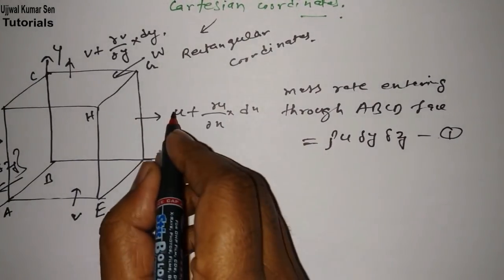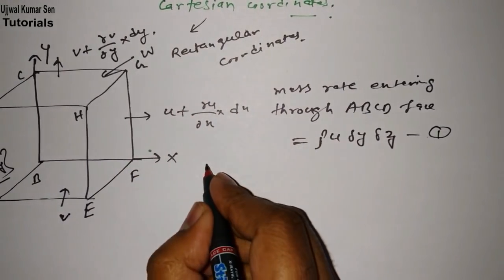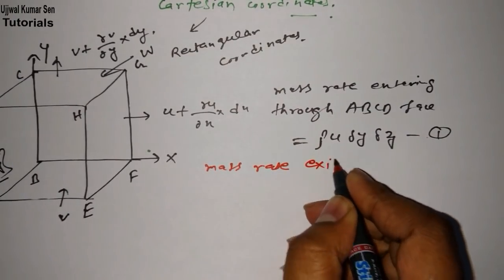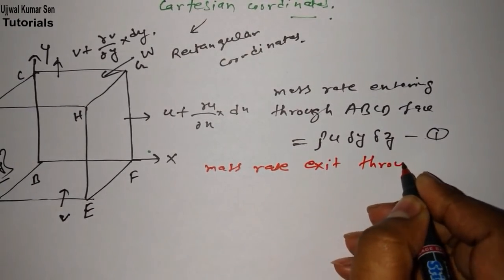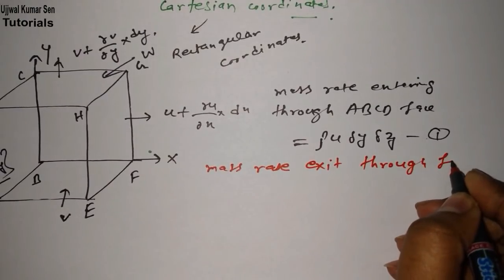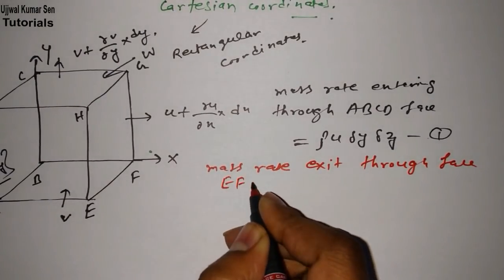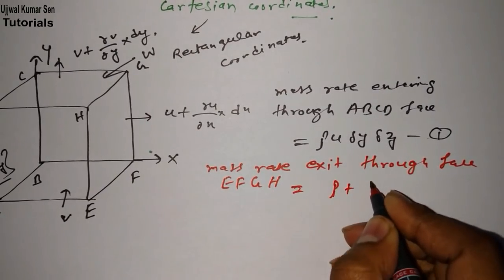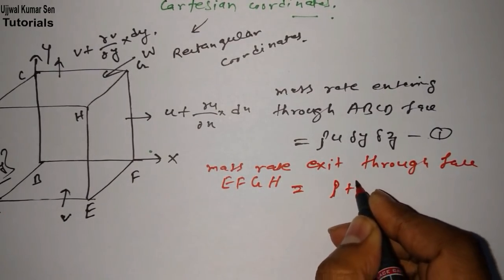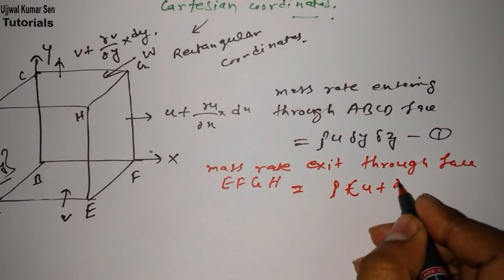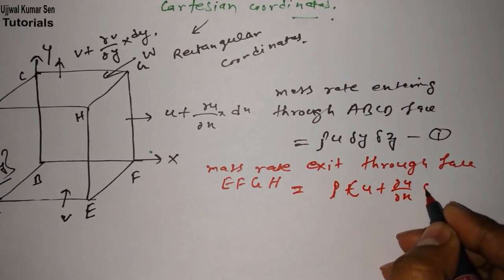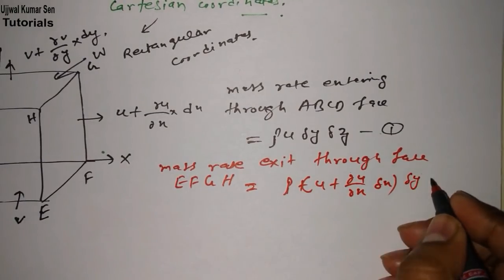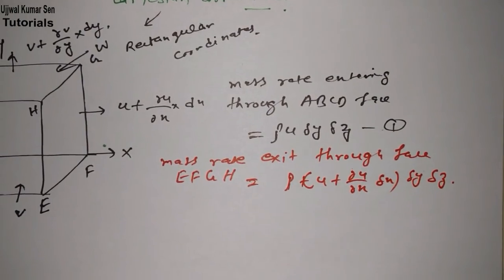Now there should be something exiting, that is, the mass rate exiting through face EFGH, which is equal to rho times u plus ∂u/∂x del x, and then what remains is del y del z.